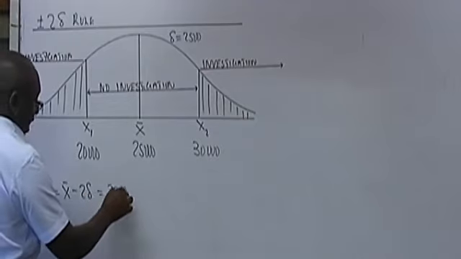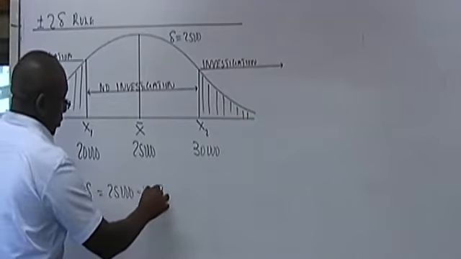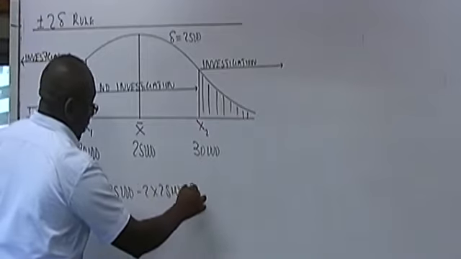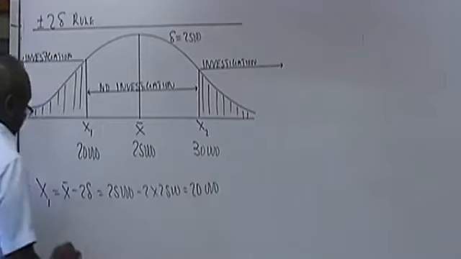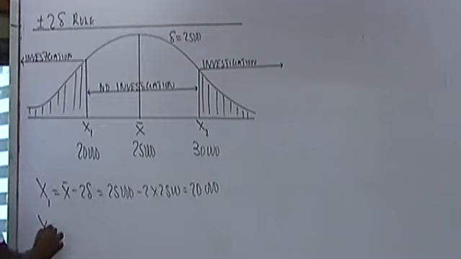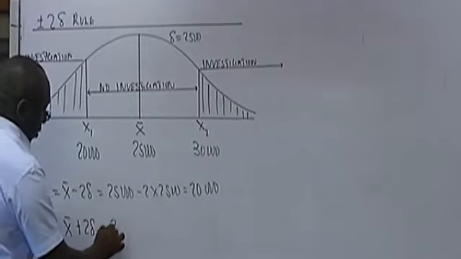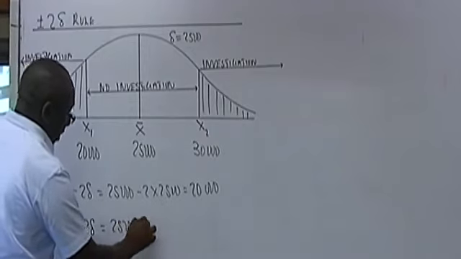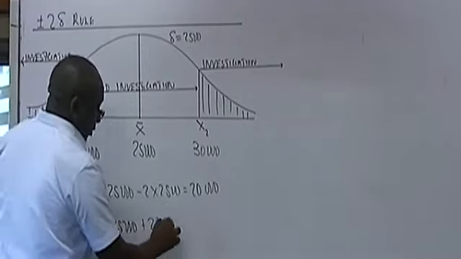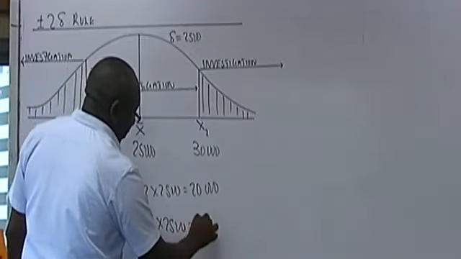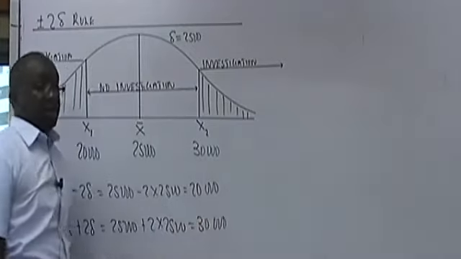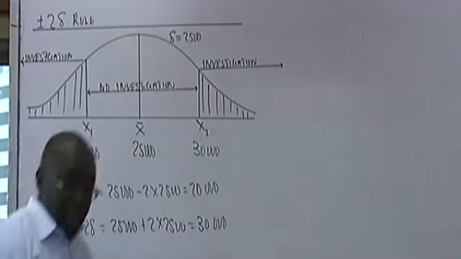So this is 25,000 minus 2 times 2,500. That is the one giving us 20,000. And then X2 is X bar plus 2 standard deviation, which is 25,000 plus 2 times 2,500. That is the one giving us 30,000. So that is how they are handled.